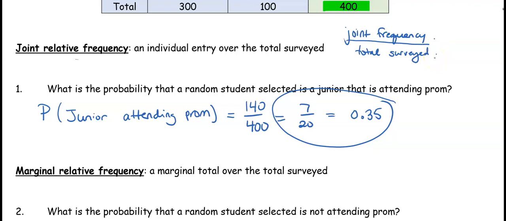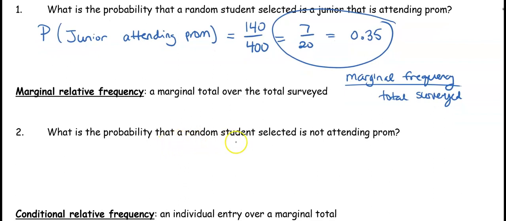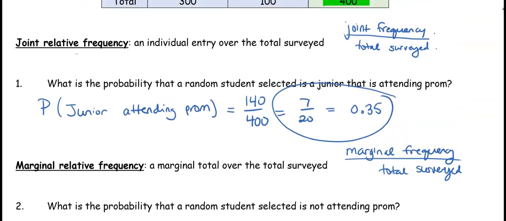Then there's marginal relative frequency, a marginal total over the total surveyed. What is the probability that a random student selected is not attending prom? Probability that they are a student but no prom. So it is marginal because it isn't one entry, because it's any student not attending prom.